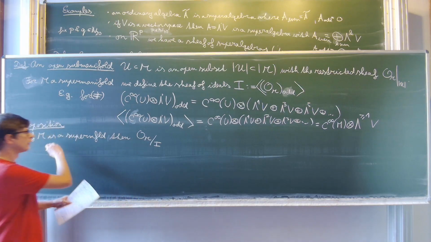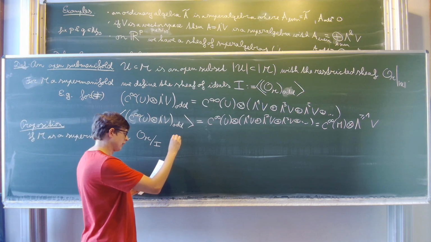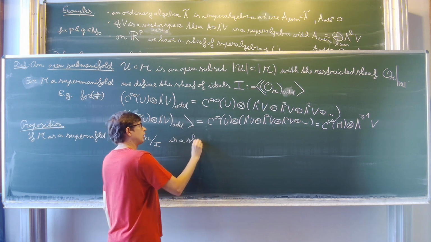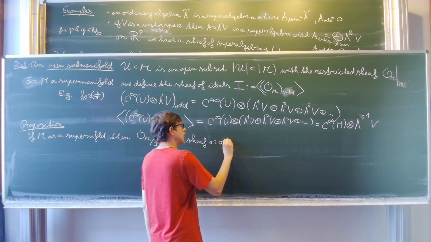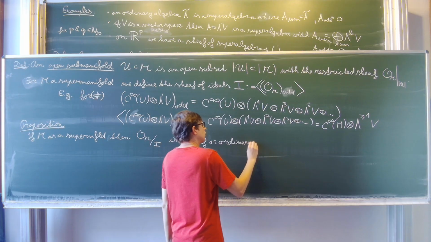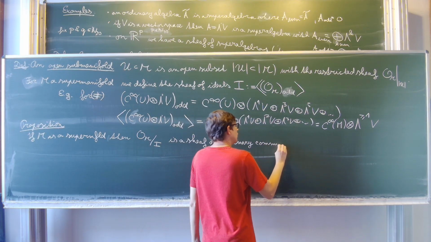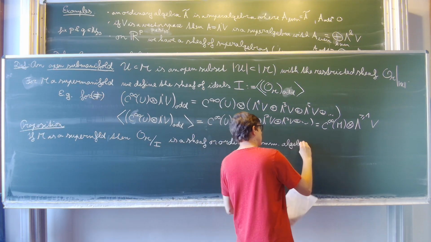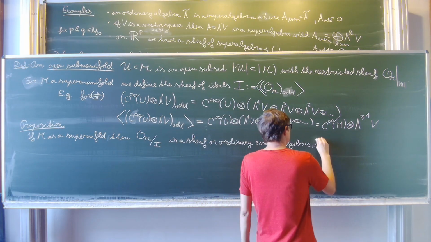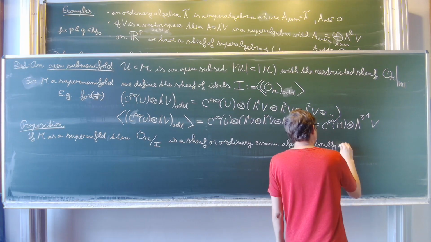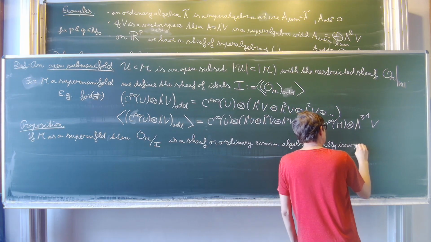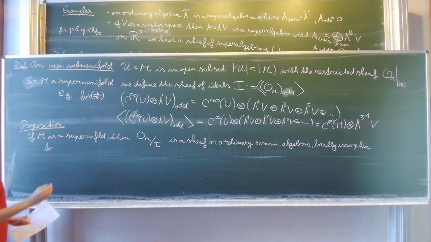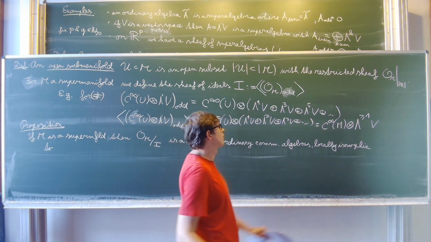Okay, so then this thing is a sheaf of ordinary commutative associative unital algebras, and it will locally be isomorphic to the thing you said, so to C infinity of m.